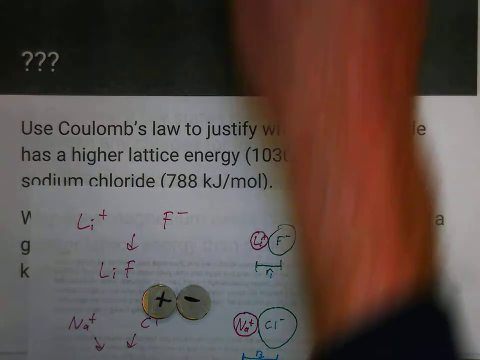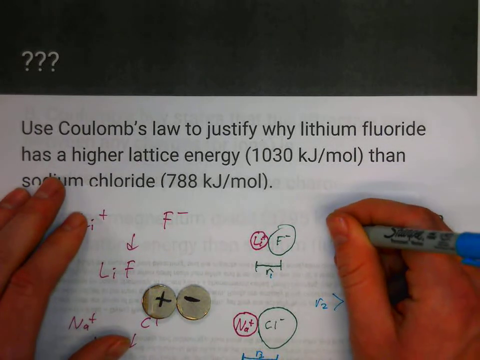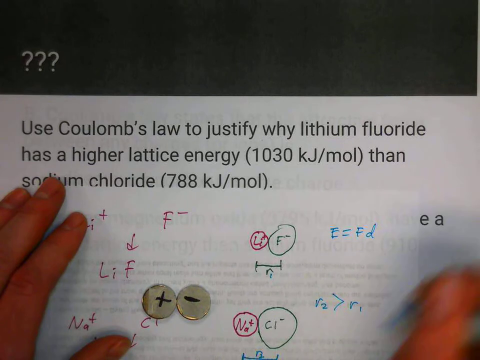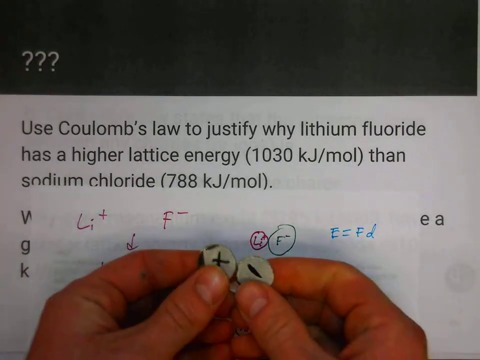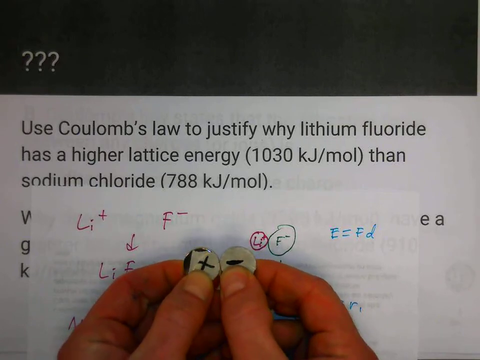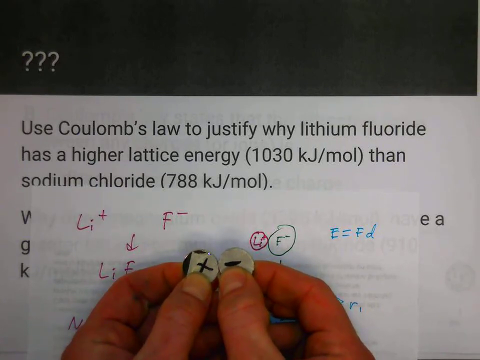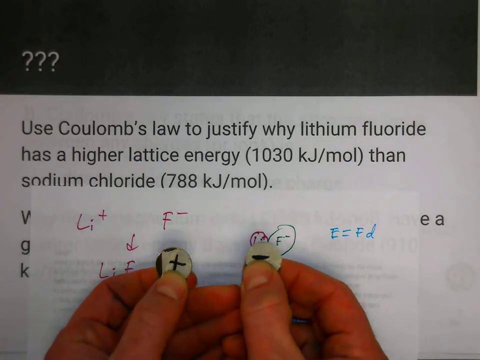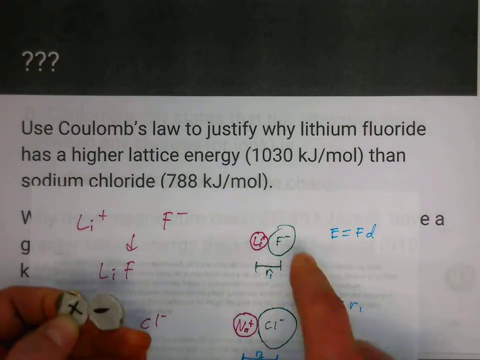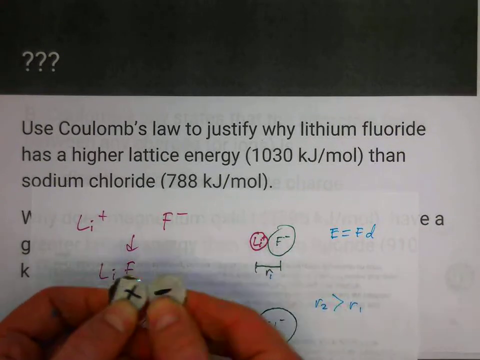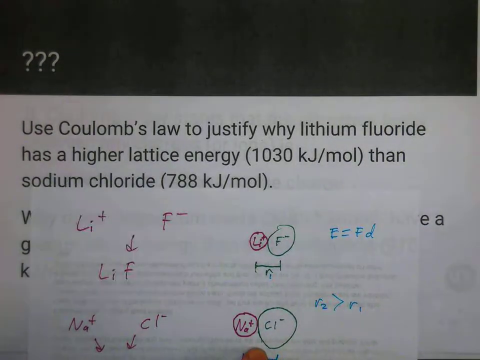So force over a distance, energy, is force multiplied by the distance involved. So as the force is greater and that moves apart a certain distance, the energy would likewise be greater as well. So we're going to have greater energy involved in separating the lithium and the fluoride than we would have separating the sodium and the chloride.